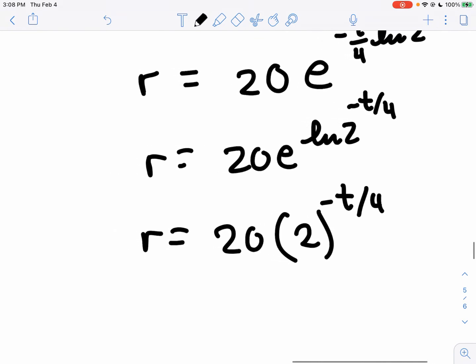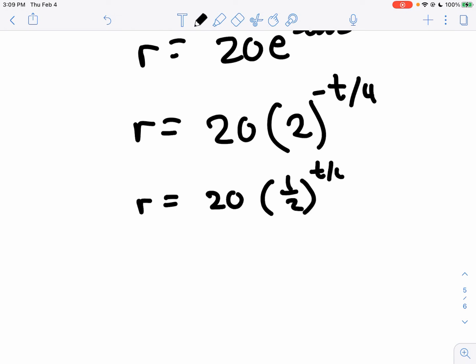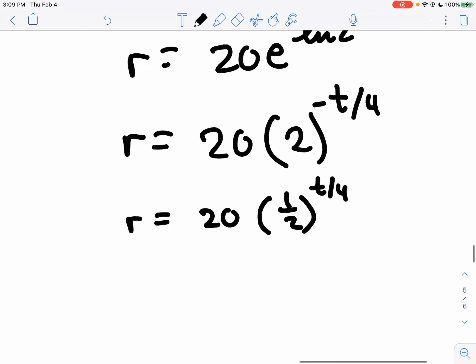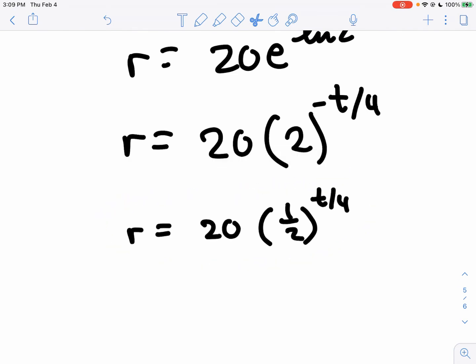Another way to write this, of course, is to pull the negative off the t over 4 and do 2 raised to the minus 1, which is a half. So yet another way to write this would be 20 times a half raised to the positive t over 4. Now this is a model that you might have been able to just figure out on your own from the half-life information.